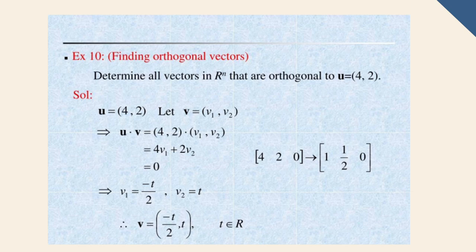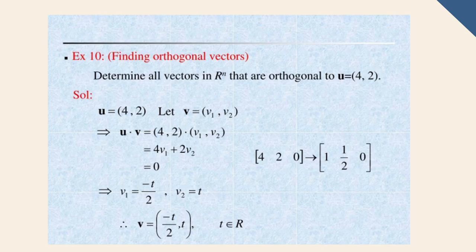So, let's find all vectors that are orthogonal to u equals (4, 2). We let v equals (v1, v2), an unknown vector. For u and v to be orthogonal, their dot product must equal 0. So 4 v1 plus 2 v2 equals 0.